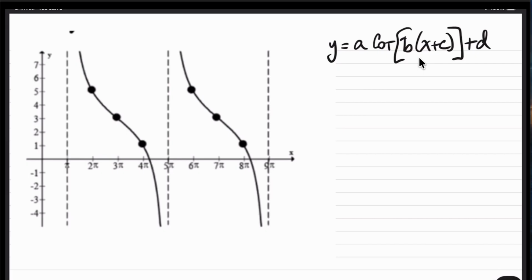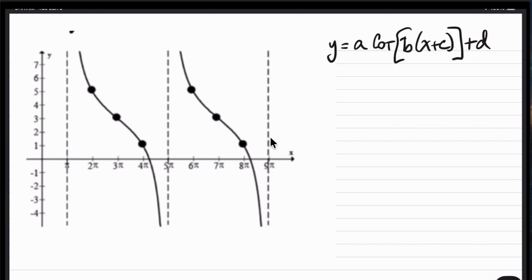In other words, don't start out by distributing. Start by plugging in your data points with the b as a GCF, and then at the very end, go ahead and distribute. Otherwise, you'll get the wrong equation.